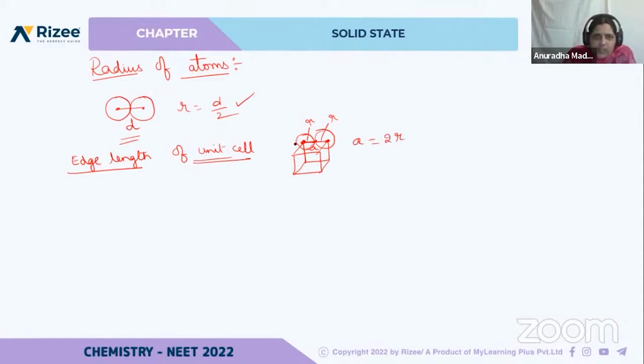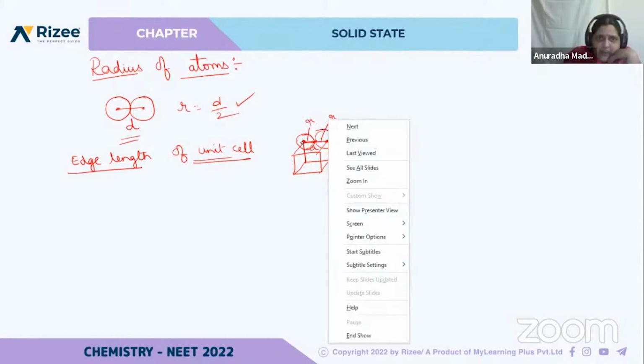So what I am doing here: two atoms are present at the corners, as it is a cubic unit cell. So if we consider two atoms, this is the nucleus. The distance from the center up to here is the radius. And if we consider from this point to this point, that is the distance. But I am considering one atom, so this is the radius.